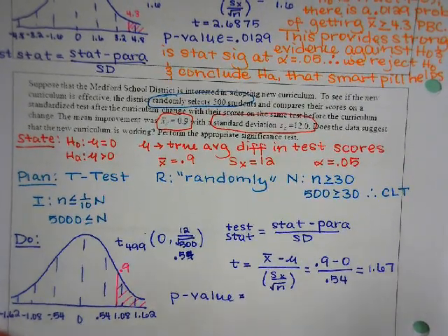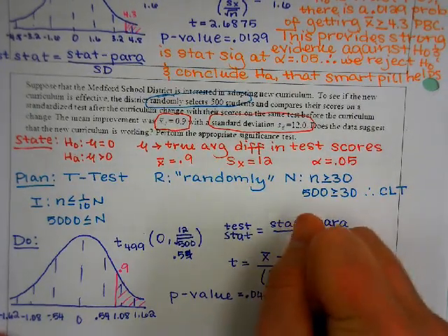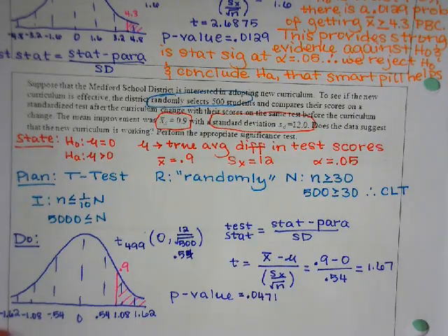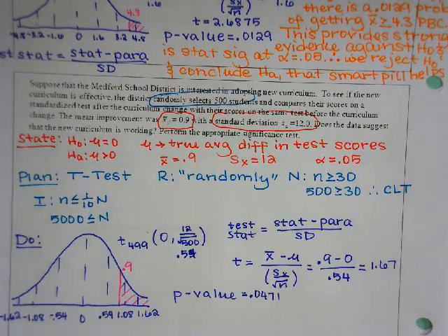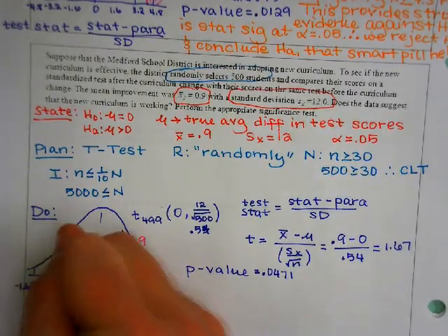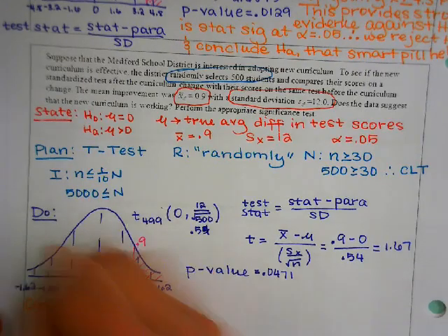All right, now I'm going to be lazy and we're going to do what I call a bare bones conclusion. Is P less than or greater than or equal to alpha? Yes. Less than. So if P is less than alpha, we have strong evidence. Is it statistically significant or no? Yes. Are we going to reject or fail to reject?